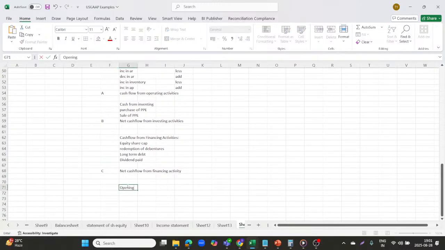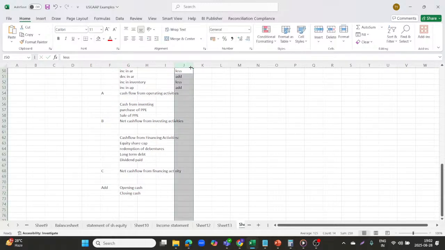Then you will add the opening cash, and it should tie up with the closing cash, that means the cash at the year end.